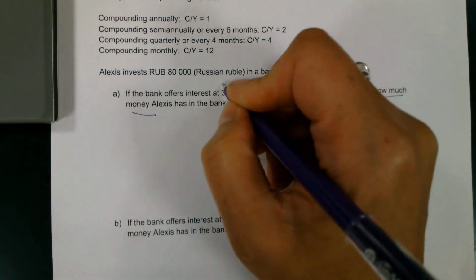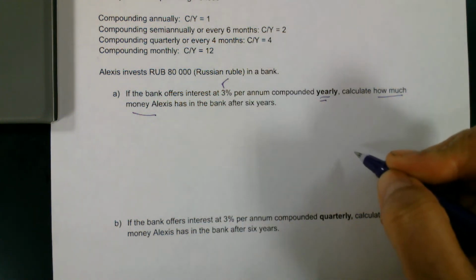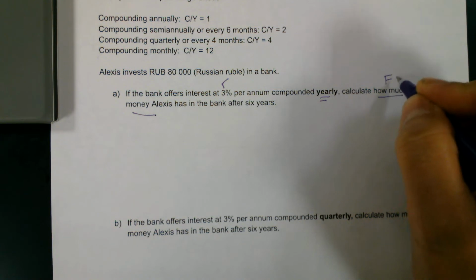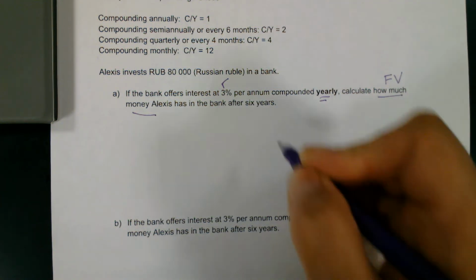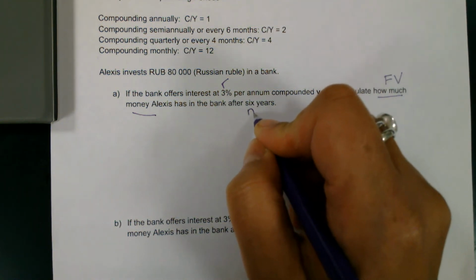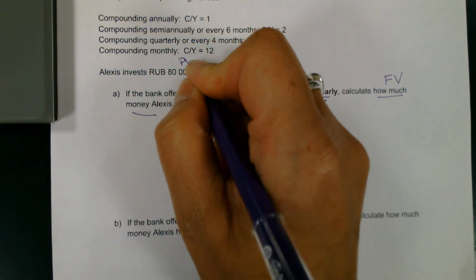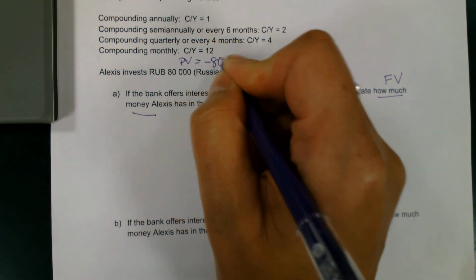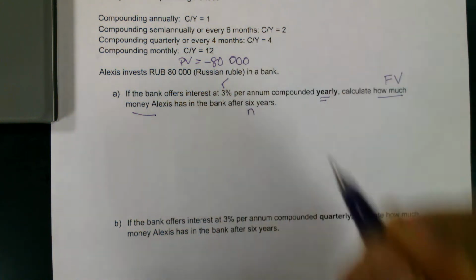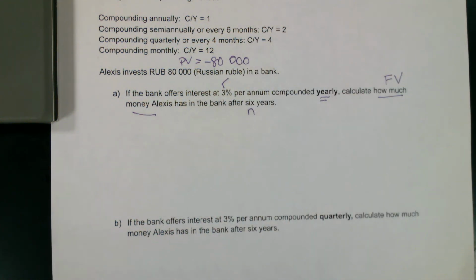So let's go through. We have a rate. We have how much, so we need her future value. We have her N, which is 6 years, and her present value, because we're compounding, is going to be negative 80,000 because that's what she's losing.